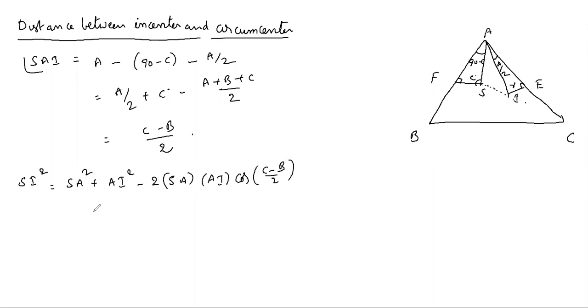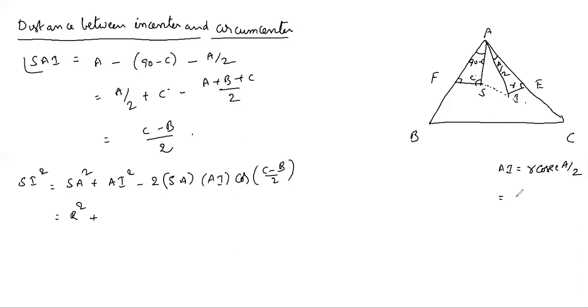SA is nothing but R. We already found AI is r cosecant A by 2, the distance from incenter to vertex. But we have to write it here in terms of circumradius.